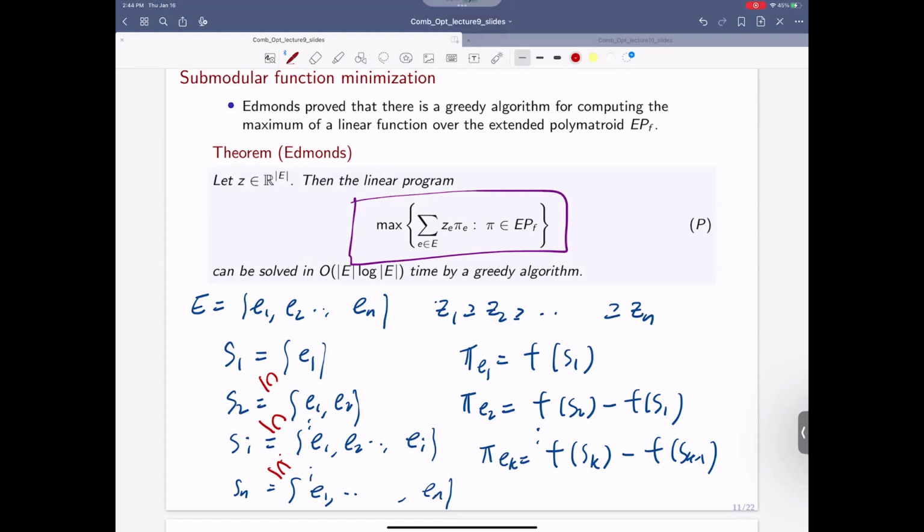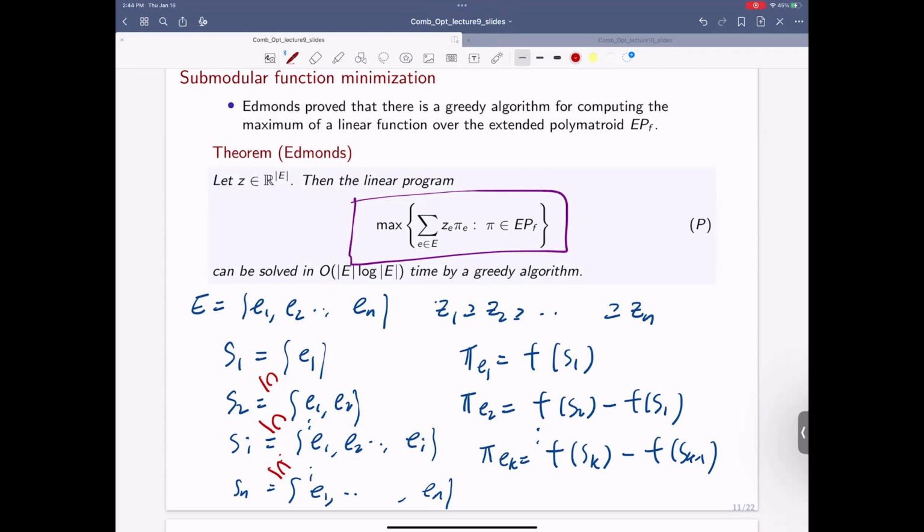We're adding one element at a time. And then you construct a vector pi, which is supposed to be an optimal solution to this problem. This one has the f of S1.